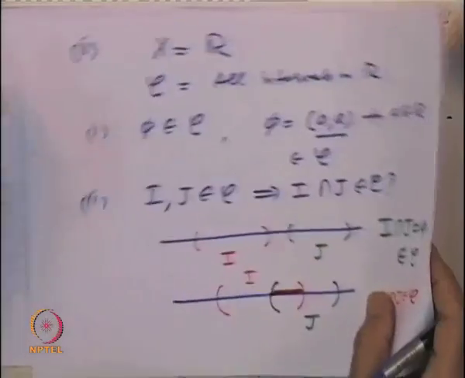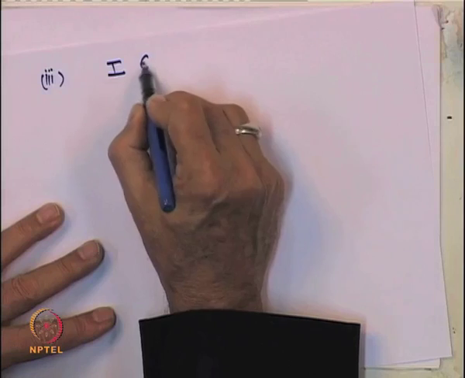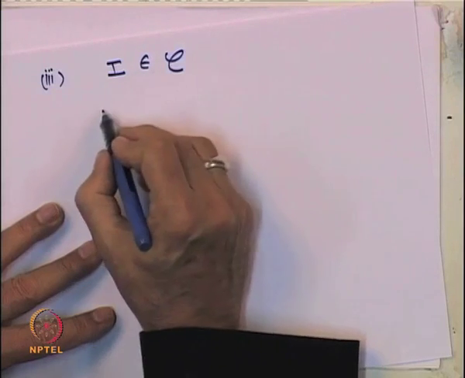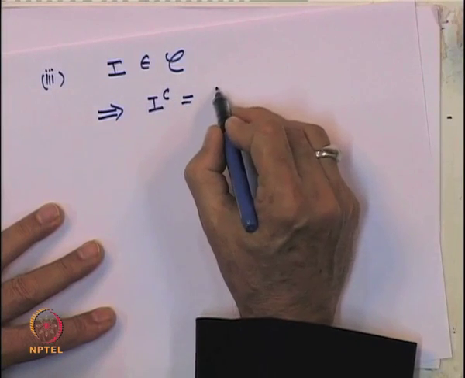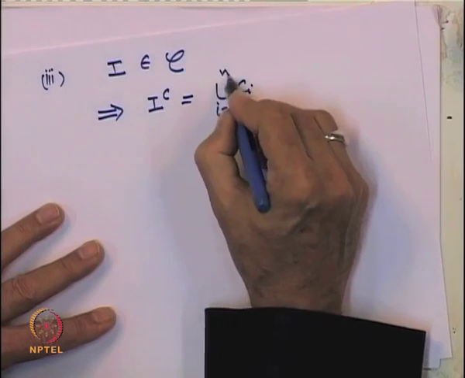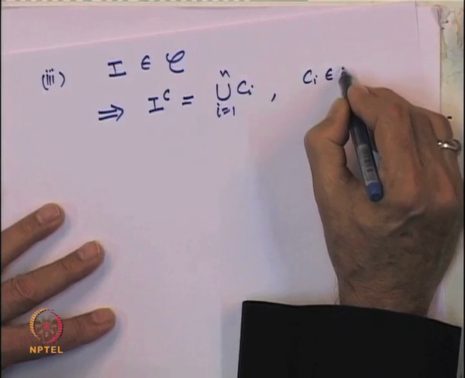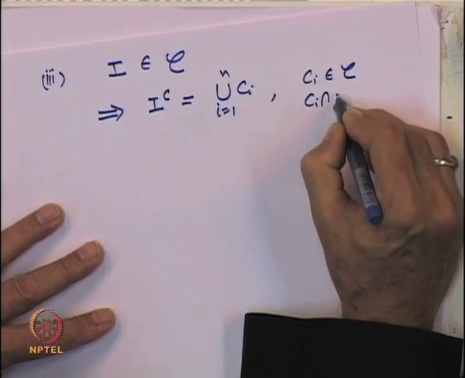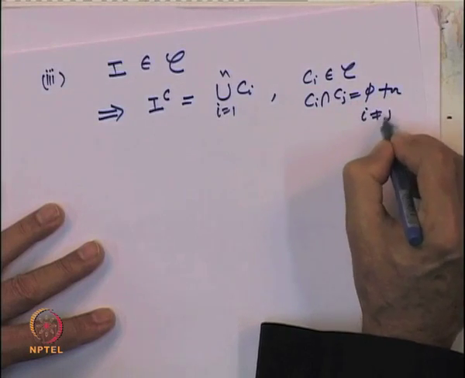Let us look at the third property, which is crucial. The third property that we want to verify is, if I is an interval, I should look at the complement of that interval and should be able to write it as a union of C_i, i equal to 1 to n, where the C_i's belong to C and C_i intersection C_j is empty for i not equal to j.